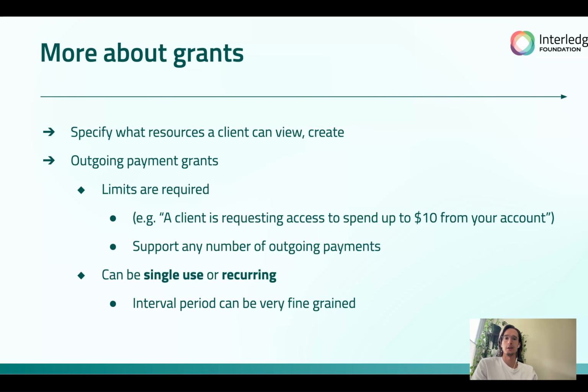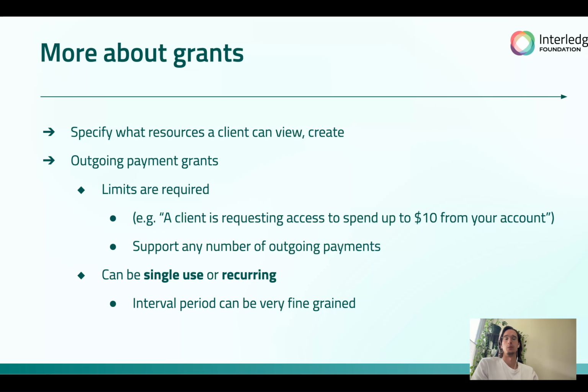More information about grants. For example, in a grant, it will say which resource a client can view, which resource a client can create. And in particular, when it comes to outgoing payment grants, it will actually encode how much money can be taken out of your account or spent up to a certain limit.